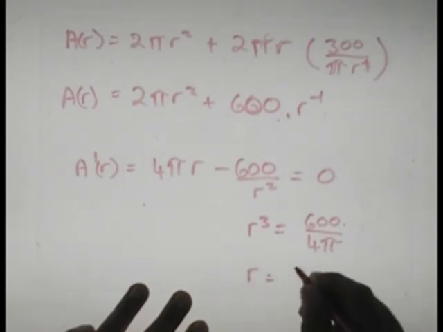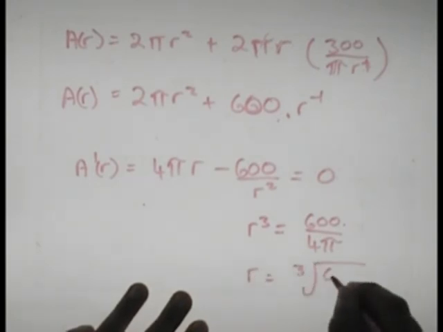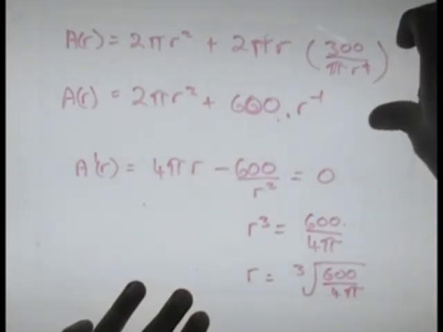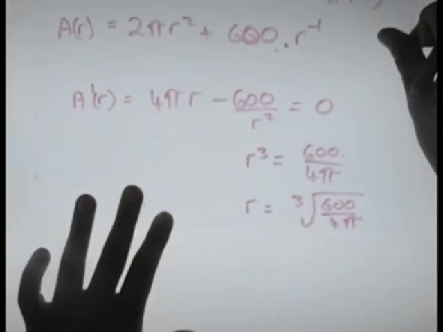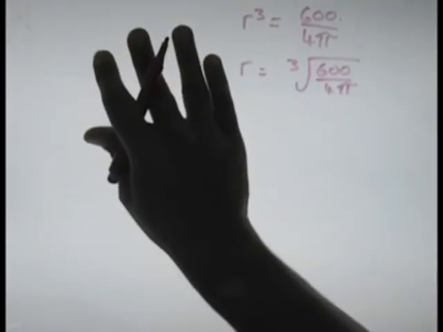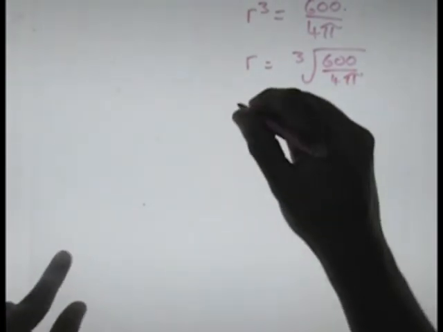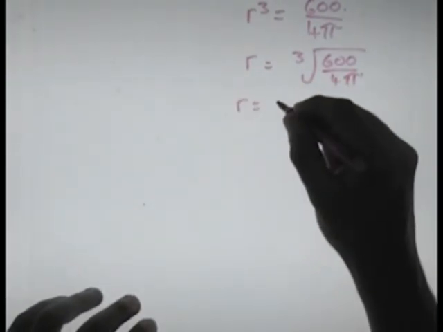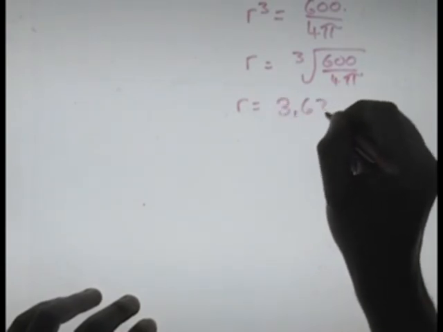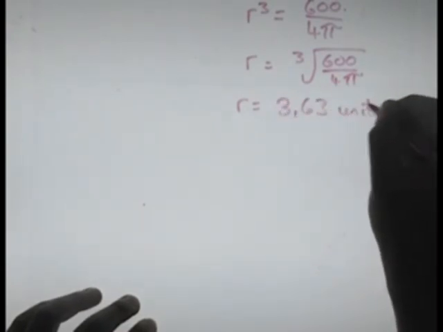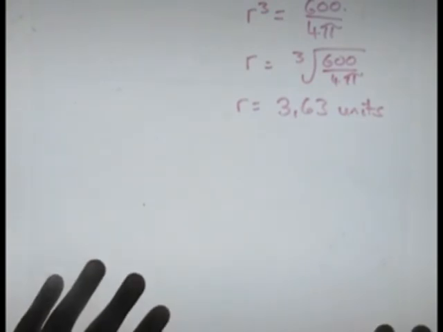That means that r is equal to the cube root of 600 over 4 pi. Using your calculator, cube root of 600 over 4 pi will give you an answer of roughly 3.63 units rounded off to 2 decimal places.